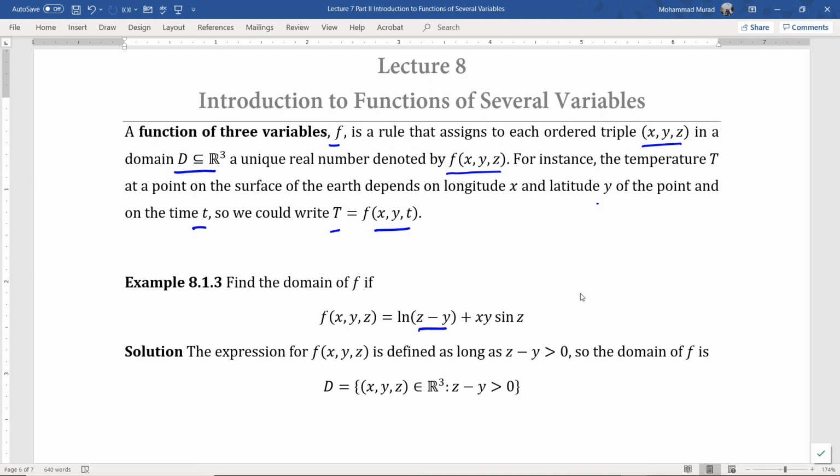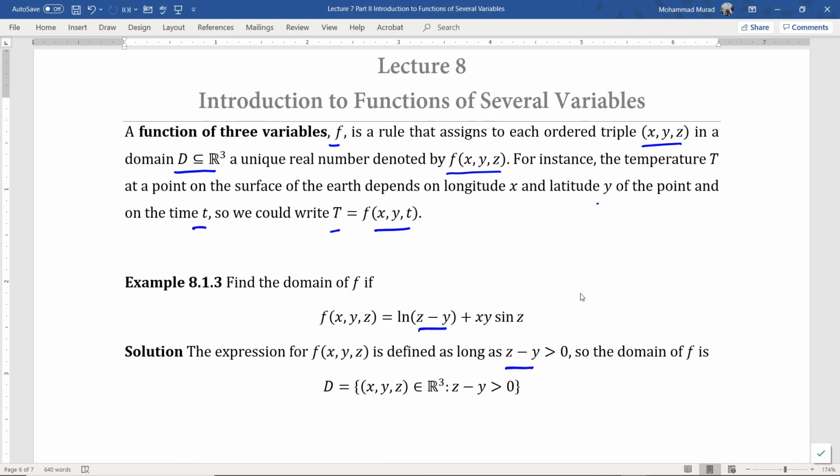The expression for f of x, y, z is defined as long as the quantity in the natural log, z minus y, is strictly positive, since natural log is defined for the strictly positive real numbers.